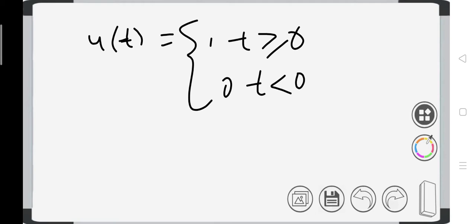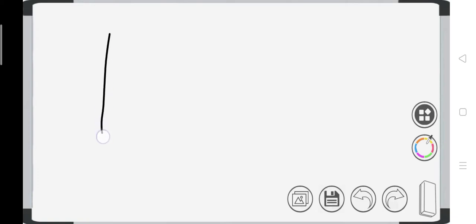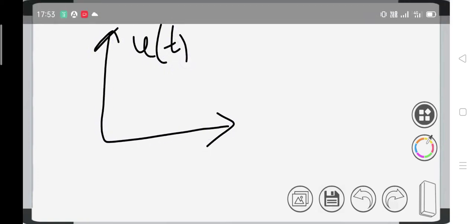I can show it in a graphical way also. Please remember this condition: u of t equals 1 for t greater than or equal to 0. For positive values the unit step function will be 1, and for negative values it will be 0. It is shown graphically as u of t with respect to t.